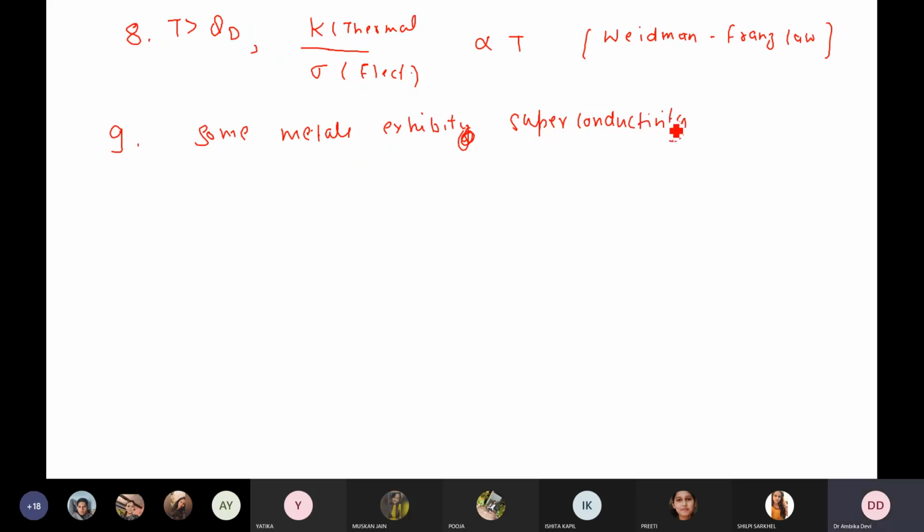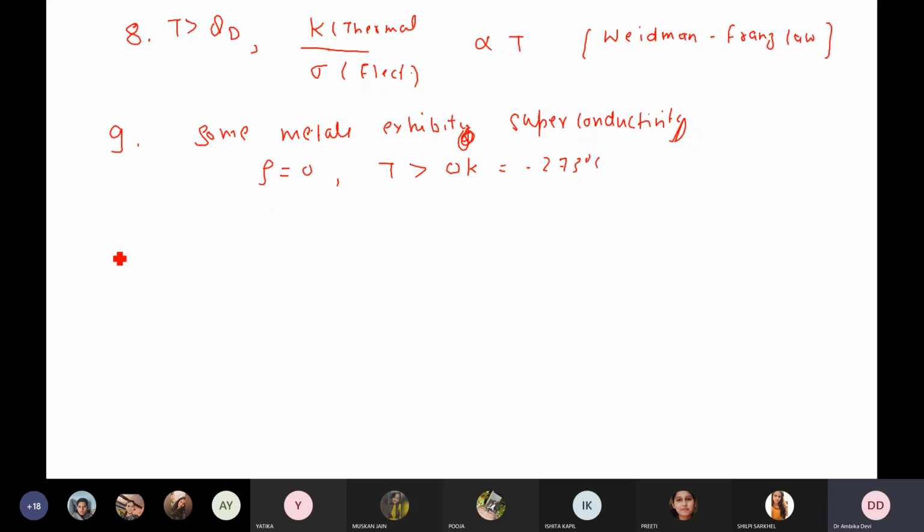What does that mean? The resistivity disappears at a temperature above absolute zero, right? Means rho becomes zero at a temperature above absolute zero. Absolute zero means 0 Kelvin or minus 273 degrees centigrade.